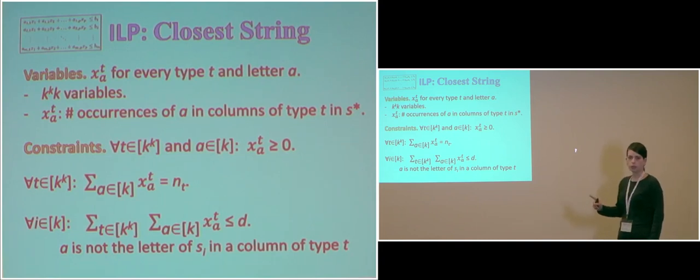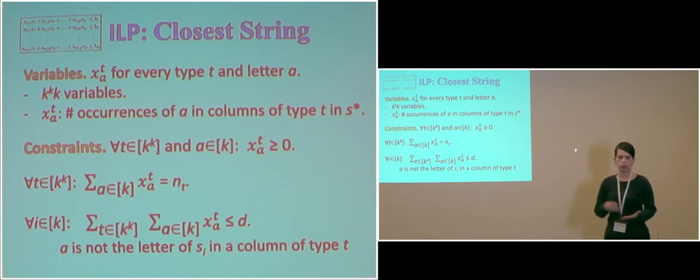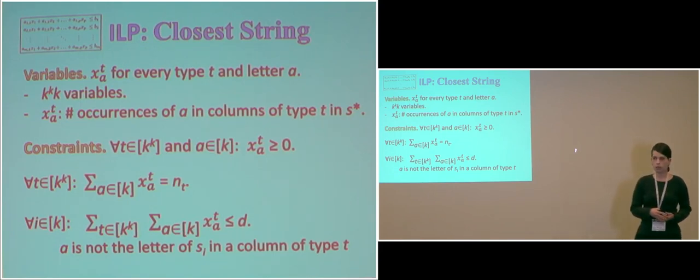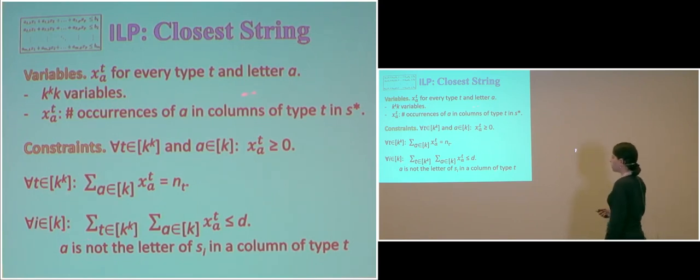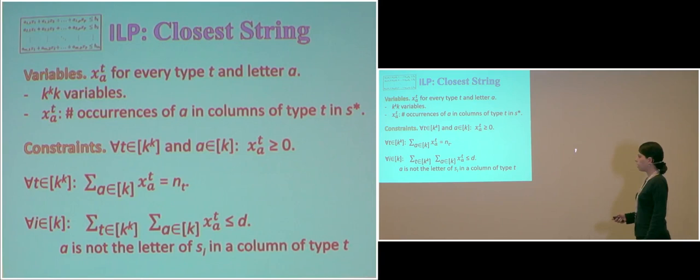That is precisely what Si has, and it's not A there. But here we put A. So it means we have a contribution to the Hamming distance. Okay? So this is precisely what we compute here, the Hamming distance between Si and the hypothetical solution S star. And we want it to be at most d.